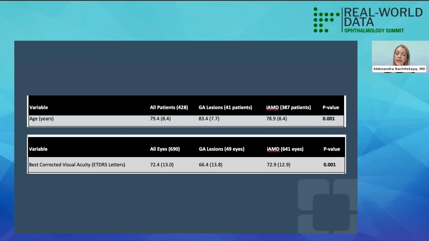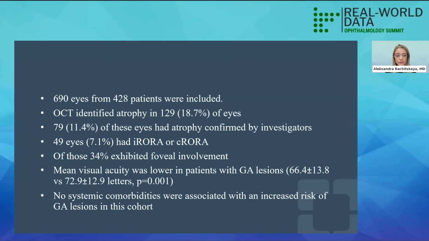And we can see that these patients who had GA lesions and were diagnosed as intermediate AMD, the 41 patients, they were older, and the 49 eyes had worse visual acuity. So in conclusion, out of 690 eyes that we retrospectively analyzed, the OCT identified atrophy in 18.7%, but when we looked strictly at iRORA and cRORA, it was about 7.1%.